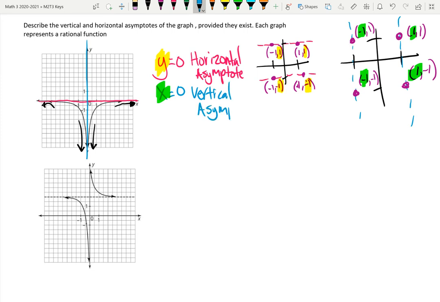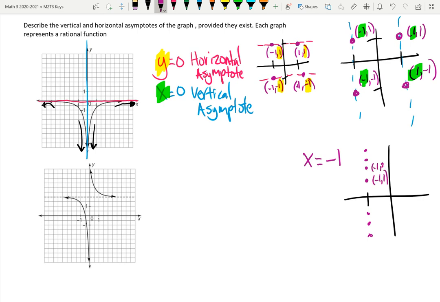And yes, it's kind of like opposite. Usually you think x left to right because of the way we graph. Also, you can think of it as when x is equal to negative 1. On a graph at negative 1, all of the points are fixed at negative 1. Here, negative 1, 1; negative 1, 2. Here, negative 1, 3.